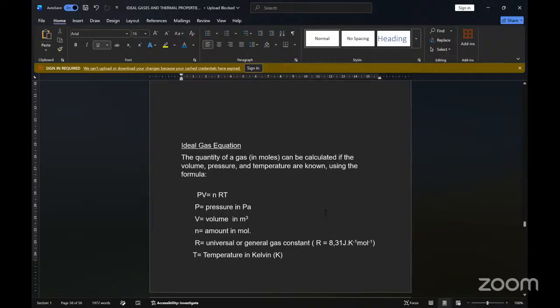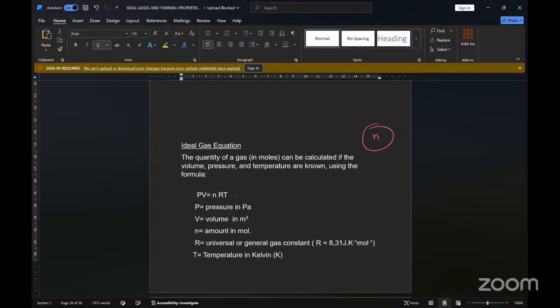So if you have a question where there is number of moles in addition to your pressure, temperature, and volume, then you cannot use P1 V1 over T1 equals P2 V2 over T2, because there's no number of moles. The number of moles is n. So there's another formula that we use, which says that PV is equals to nRT.